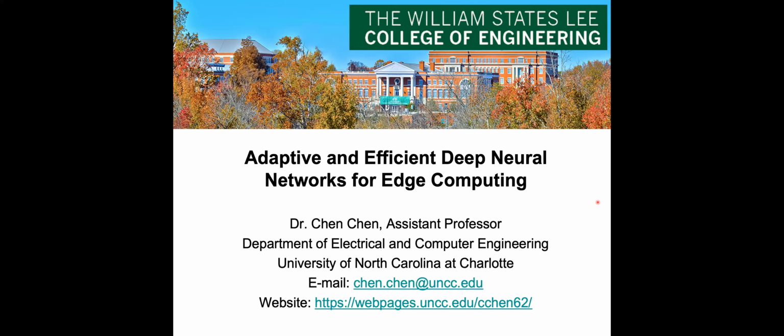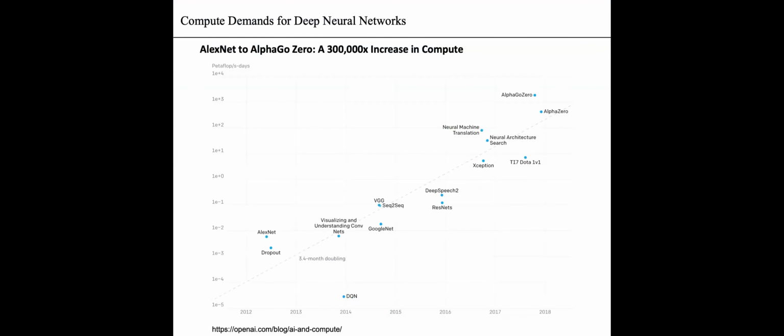So for today, I'm going to talk about our recent work on adaptive and efficient deep neural networks for edge computing. As we all witnessed, there's been great success in deep neural networks for various vision applications and other research domains.